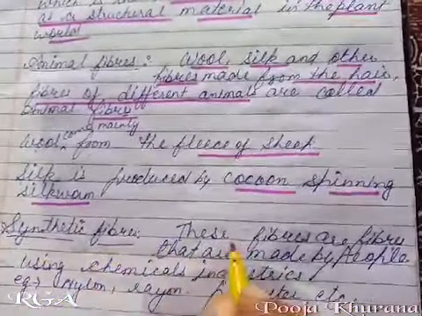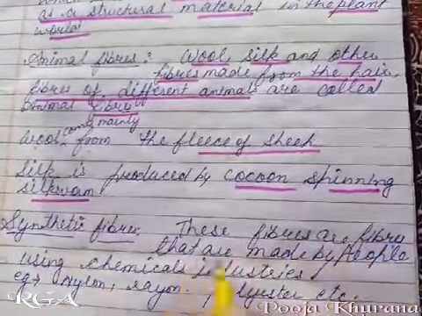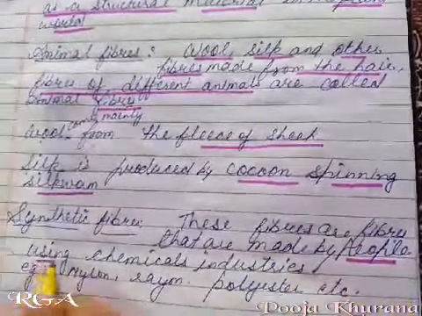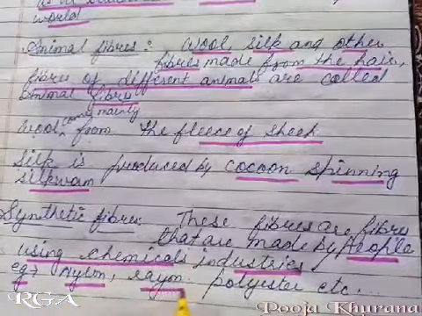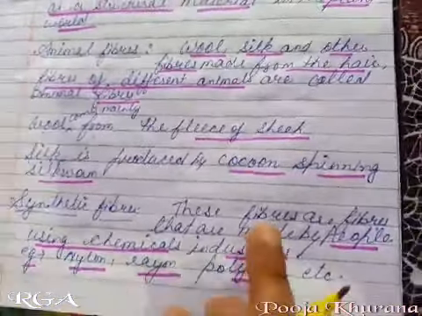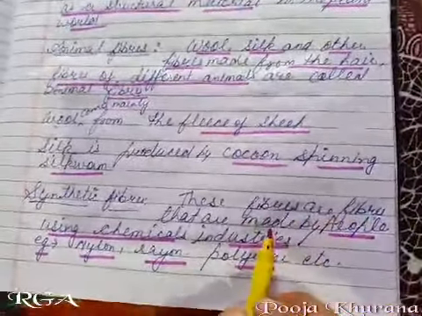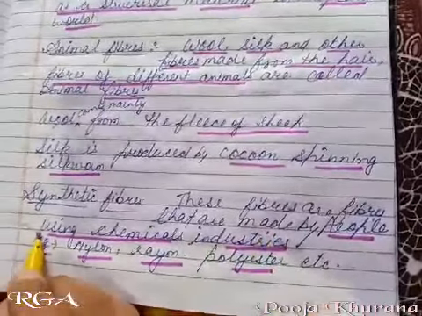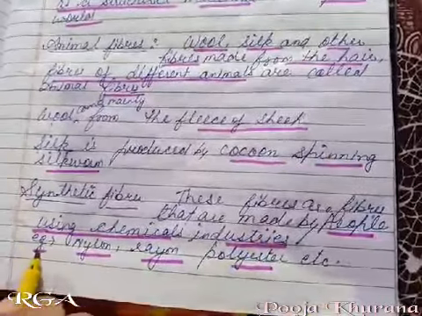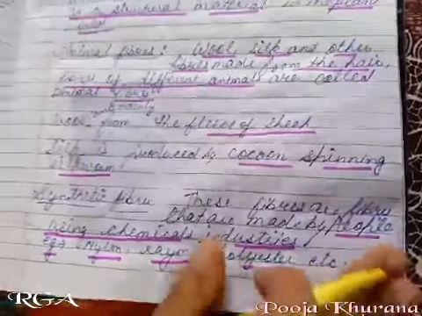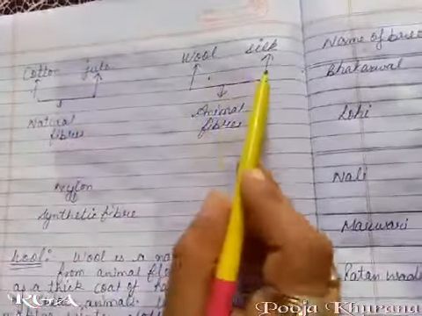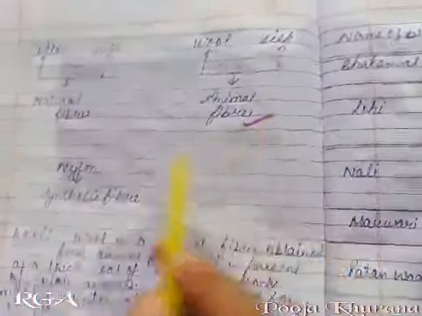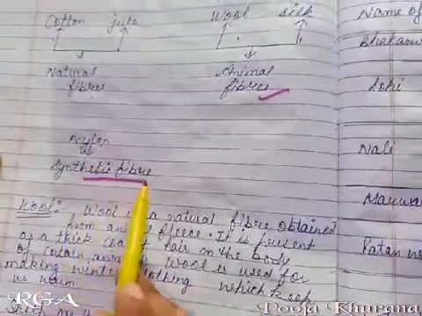Synthetic fibers are fibers that are made by people using chemical industries. Examples: nylon, rayon, polyester, etc. Cotton and jute are natural fibers. Wool and silk are animal fibers. Nylon is a synthetic fiber.